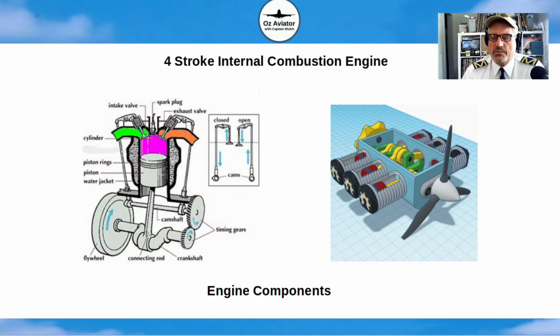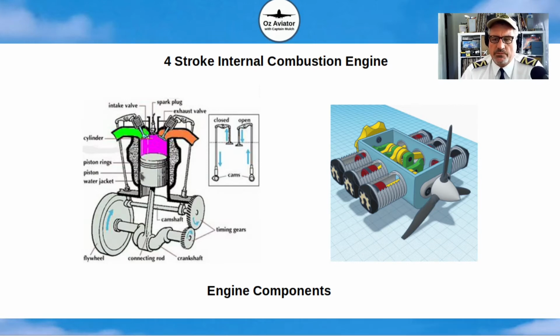Okay, looking at some of the engine components in more detail here. So here we have the crankshaft of the engine, which is doing the turning. The crankshaft is connected to a camshaft via timing gears. The camshaft has bits of lobed metal on it called cams, which rotate and push the push rods, which then activate the intake or exhaust valves of the engine.